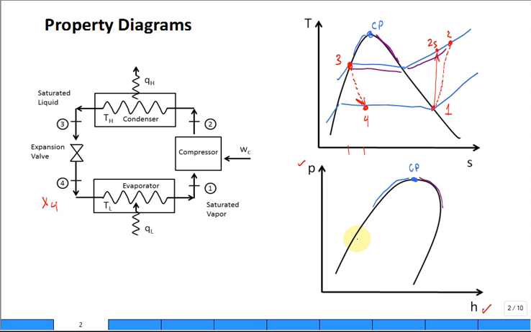So we still have a dome on a pH diagram. But as you can see, the enthalpy, this is like H of G, starts to decrease as you get really close to the critical point, where at lower values of pressure, the enthalpy increases as you increase pressure.